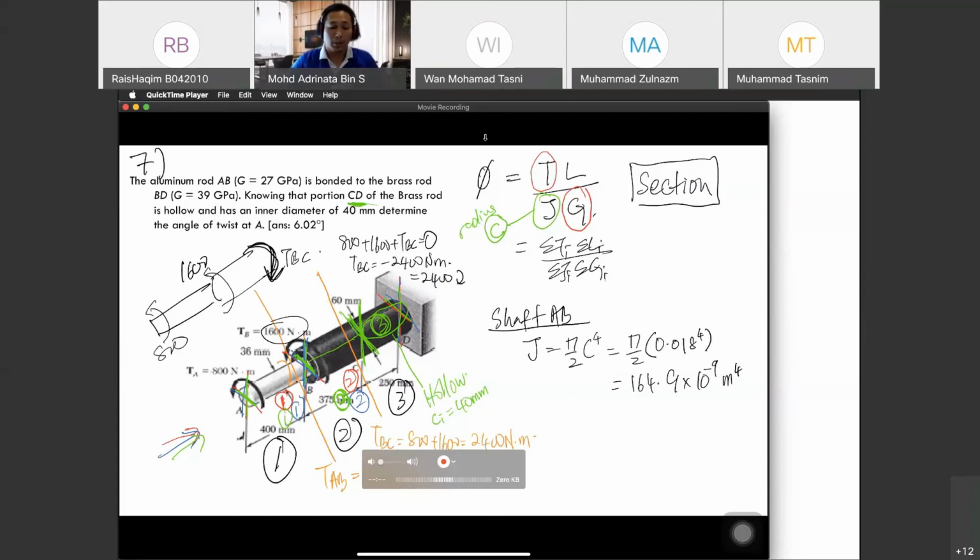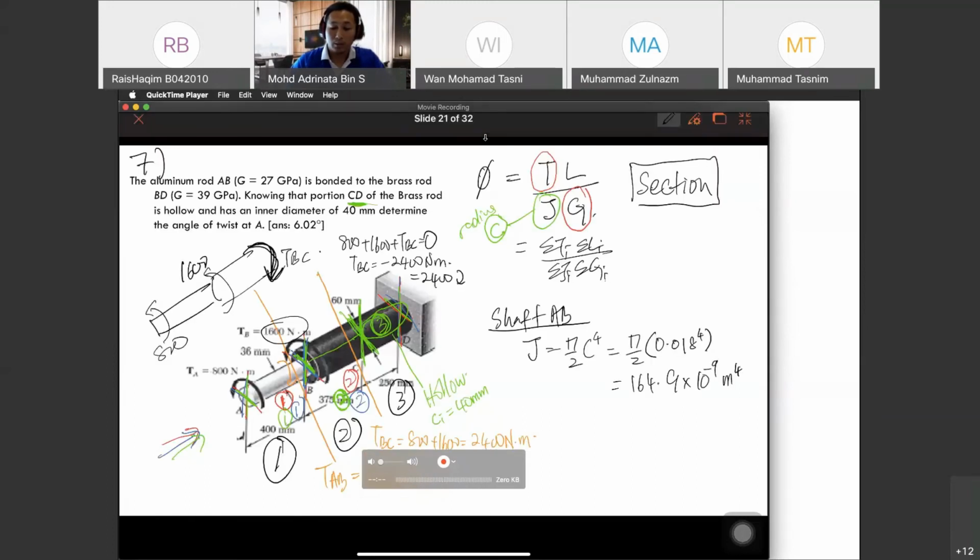Shaft AB. So kita dapatkan kita punya phi AB is equals to TL over JG.